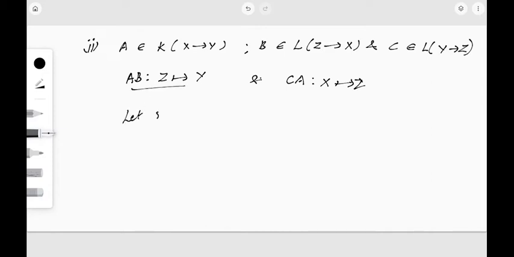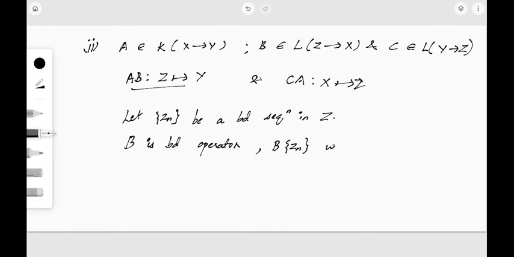Let us consider AB. Let Zn be a bounded sequence in Z. Now B is a bounded operator, so as Zn is a bounded sequence, B of Zn will also be bounded, and it will be bounded in X. Now B of Zn is bounded, so what will be A of B of Zn?